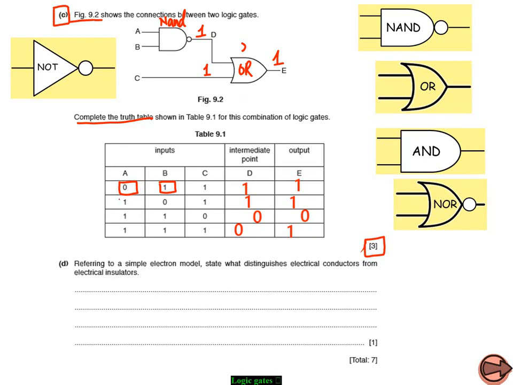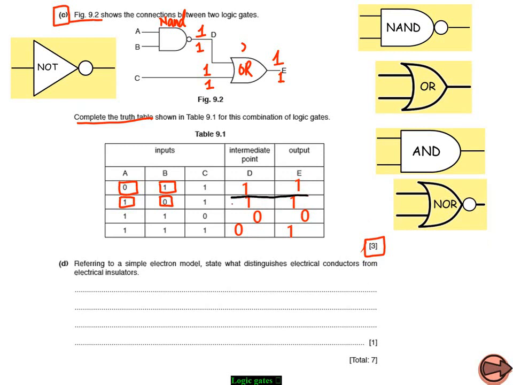Now, the next one: when A is equal to 1 and B is equal to 0, the NAND gate again has to give 1. And C is given to us as 1. So simply the output has to be 1. As you can see here, we got 1 and 1.